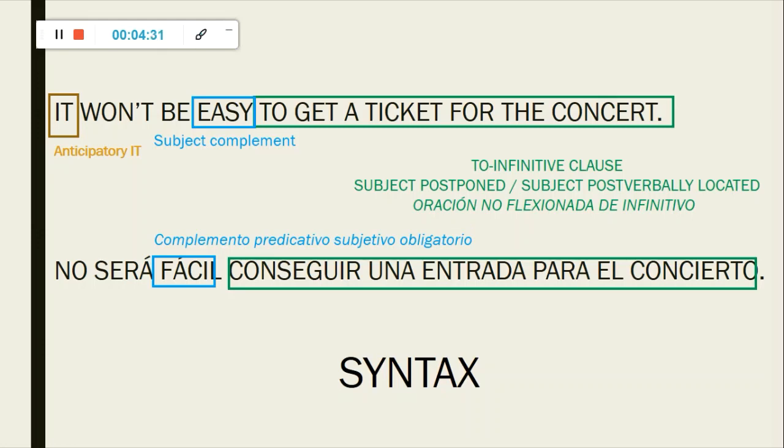So, this expletive pronoun is needed in English because English is a non-pro-drop language. This means that in order to consider a declarative sentence a grammatical sentence, it needs a subject in pre-verbal position. So we see then that this anticipatory it, this expletive pronoun, is serving a grammatical function.